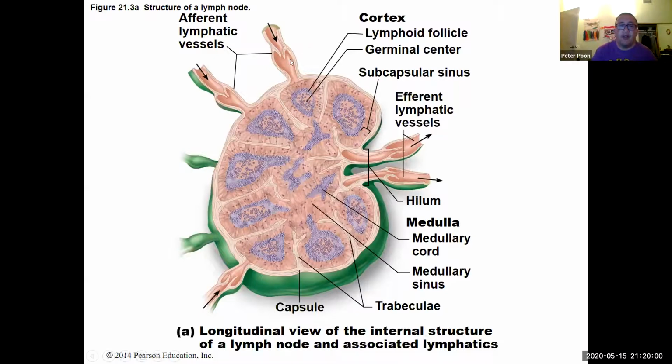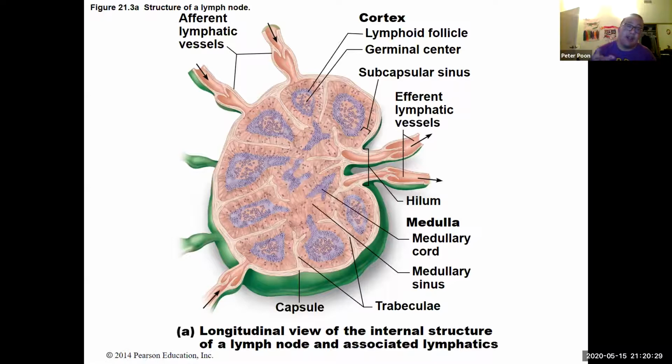You have these germinal centers. The germinal centers are where the white blood cells actually hang out. You learned in the blood chapter, white blood cells are what fight infections. Well, the lymph brings in the infection, the viruses, the bacteria, and it makes it flow past the germinal center.